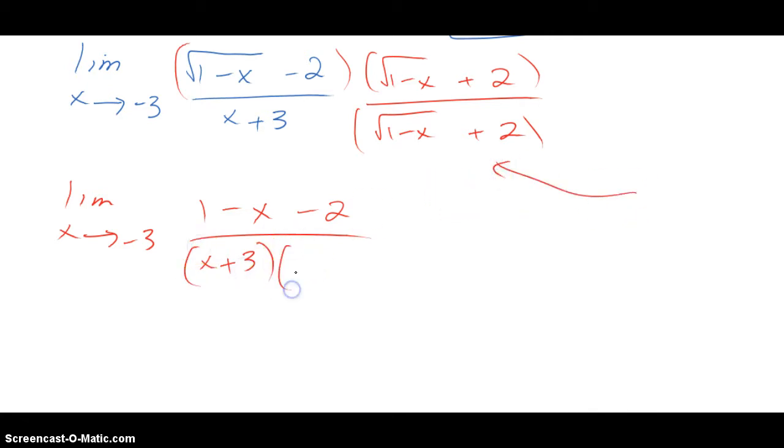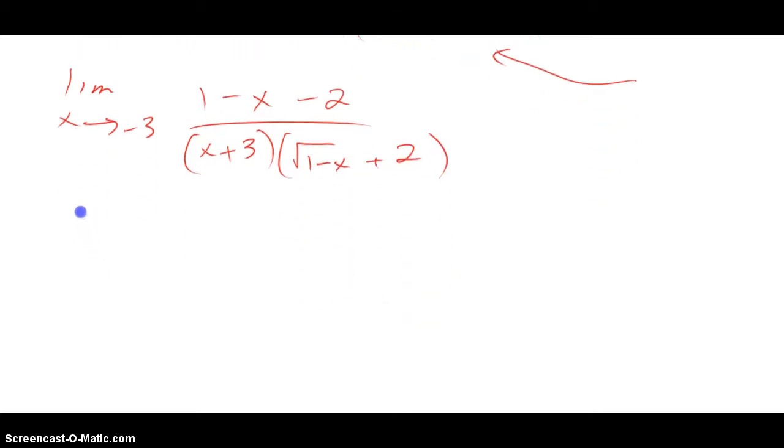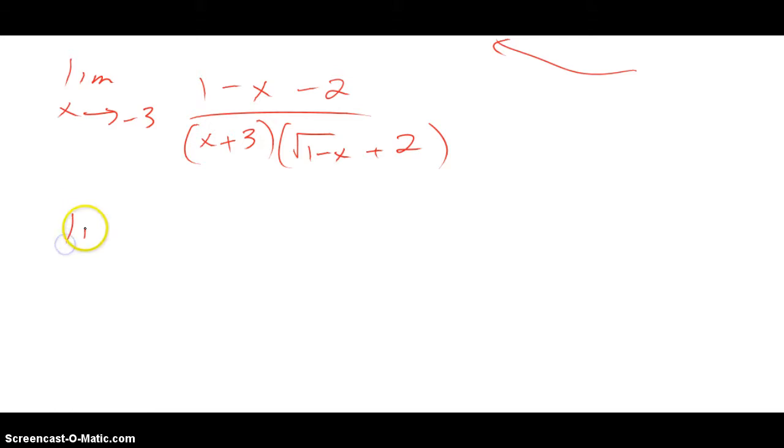So that's going to be the square root of 1 minus x plus 2. Okay, what now? Well, that's going to be the limit as x goes to negative 3, and this is the same as negative x, let's see here, negative x minus 1.